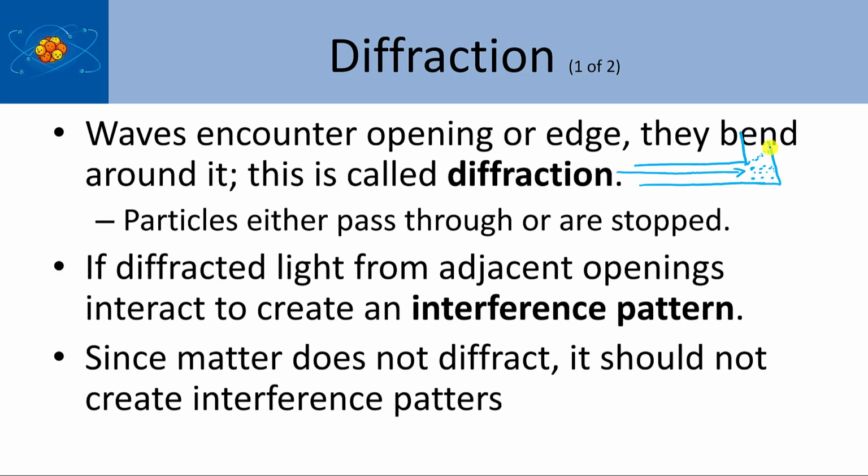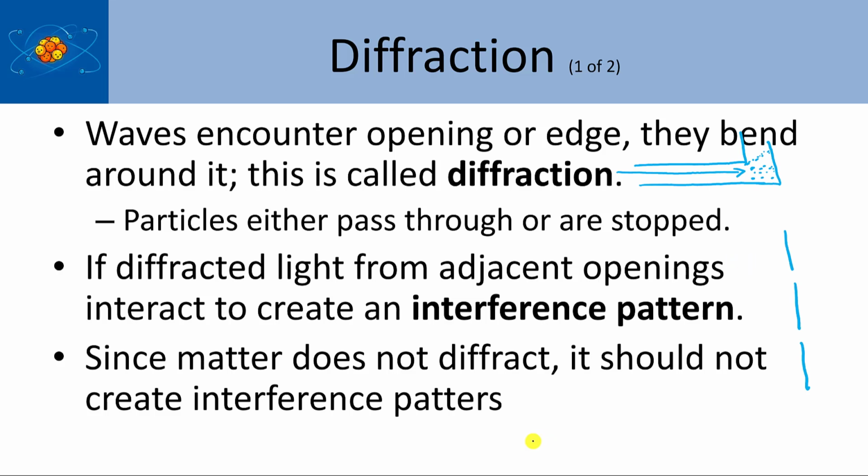So what we're going to look at next is what happens when you put openings in a sort of barrier, and then we pass light through them. We're going to pass light waves, and waves are often depicted as wave fronts.